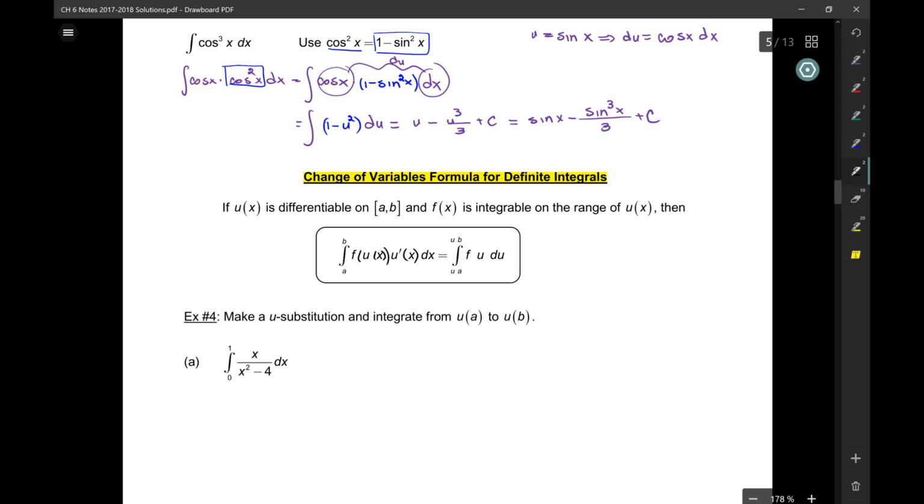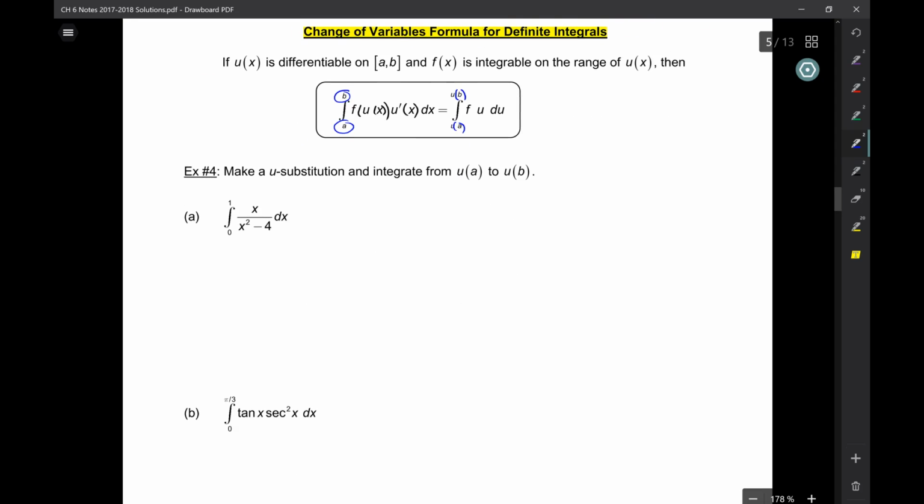The original integral goes from a to b, right? When you change to u, we also change the boundaries from a to b to u of a and u of b. All right, so we also plug those in there. We're going to integrate from u of a to u of b.